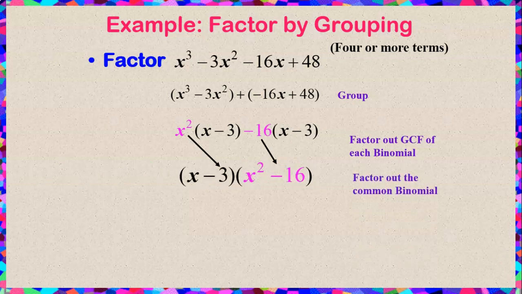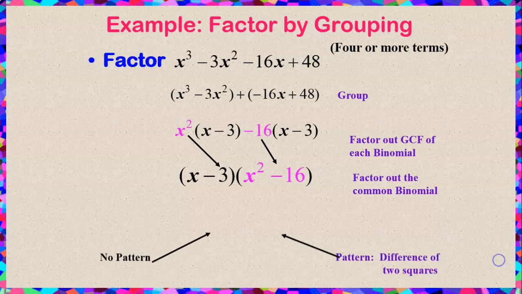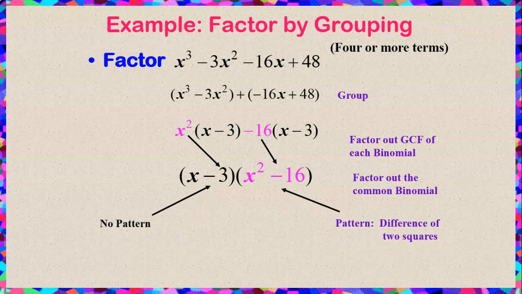But here's an example of I'm not finished, but wait, there's more, because x squared minus 16 is the difference of squares, because x squared is a perfect square, 16 is a perfect square, and it's connected by a minus. So we're not finished. We have to break that down. So x squared minus 16 is going to factor into x plus 4, x minus 4, and don't forget the x minus 3.